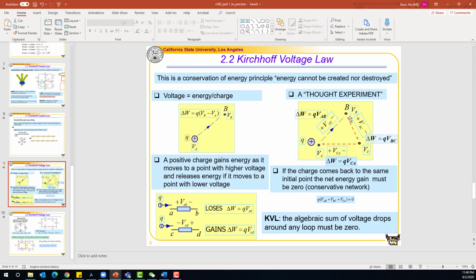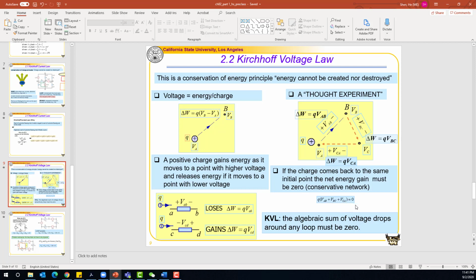If we break it down into these three moves, the energy change will be Q times VAB plus Q times VBC plus Q times VCA. And we know that is equal to 0.